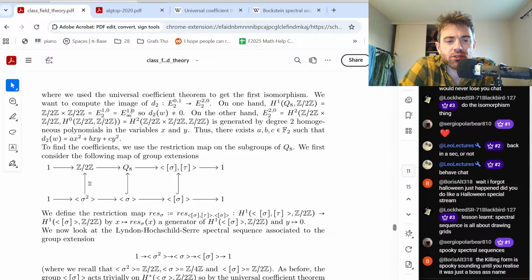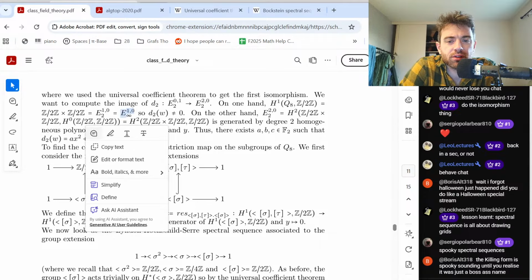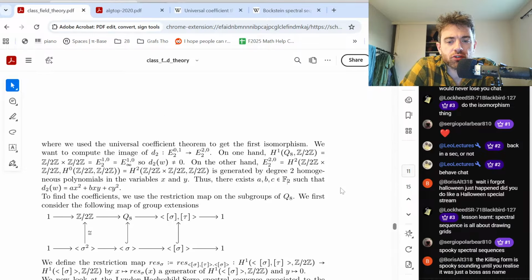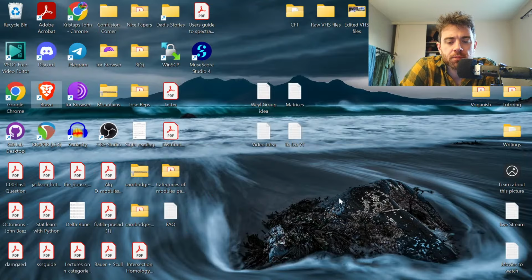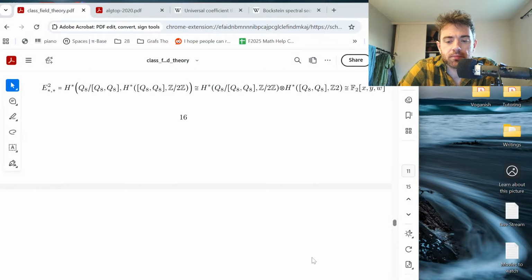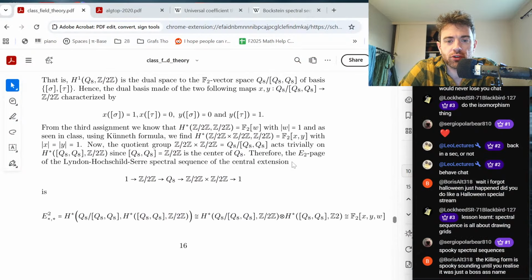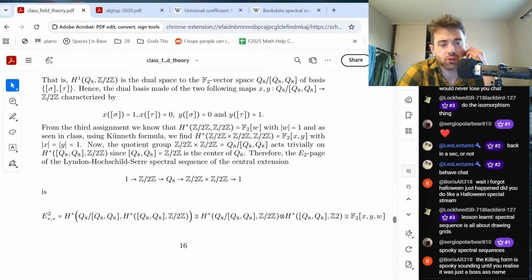Yeah, I mean, this is unclear. Well, E1 0 then again is what the first... E1 0 is the first cohomology with Z2 coefficients of the quaternions, but we don't know anything about that yet.